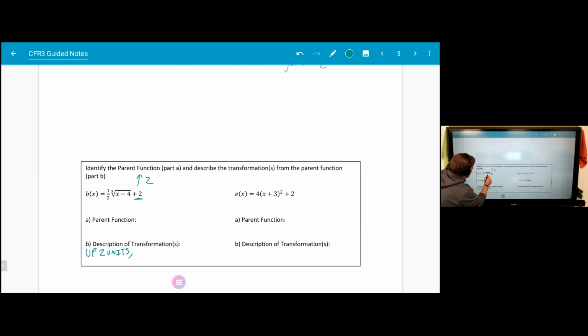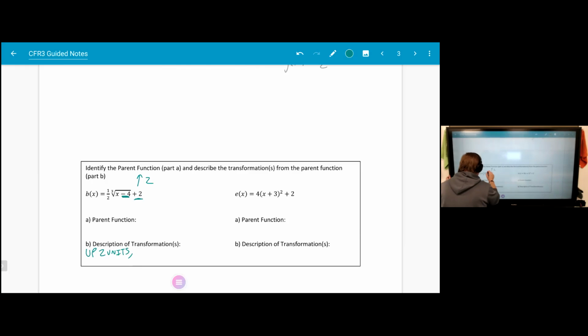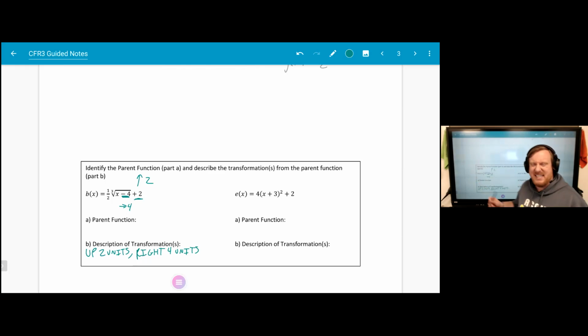We know this horizontal one, because it's inside the function subtracting, that -4, it's x - 4, but it's opposite. This is actually going to go right 4 units. And we've got half multiplying on the outside. Well, we just kind of saw this example.